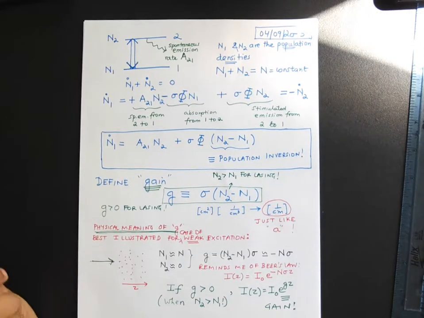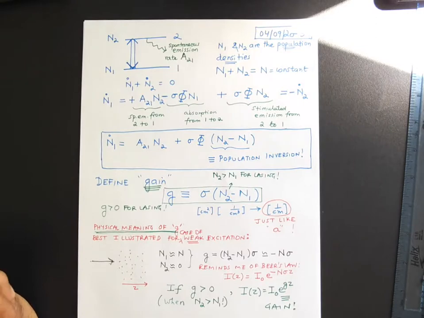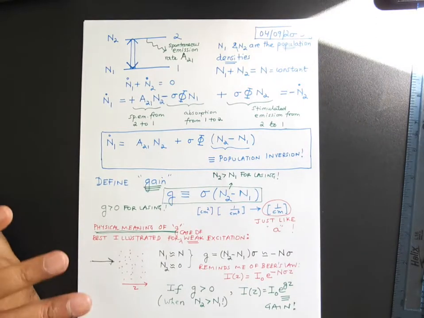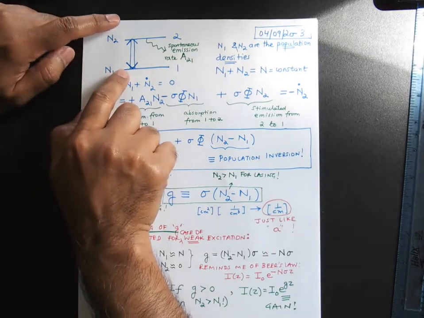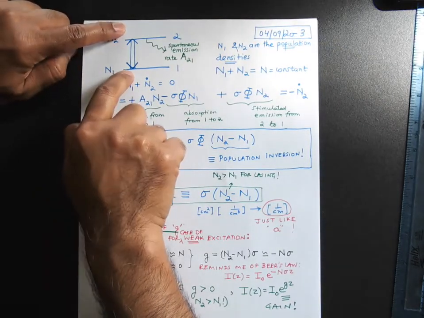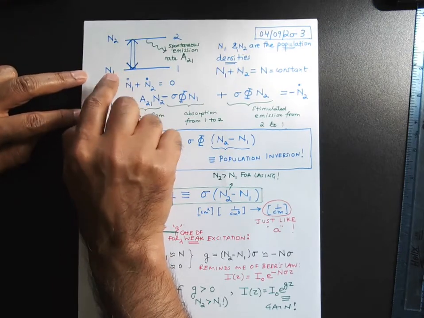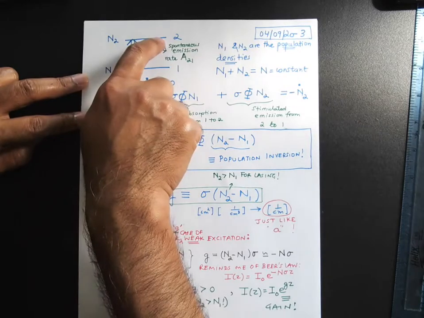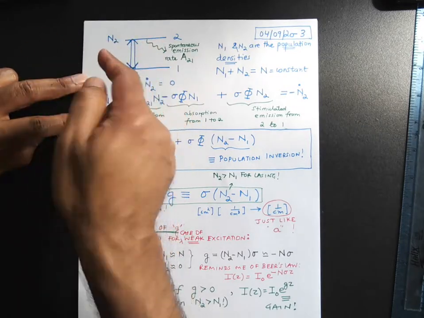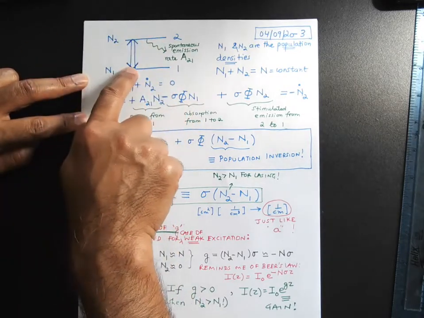Now, we're done today, but next time I will show you why, no matter what material you use, you cannot make a laser with a two-level atom, because it turns out that the harder you pump and try to get atoms up into the excited state, that same pump causes stimulated emission back at the same rate.